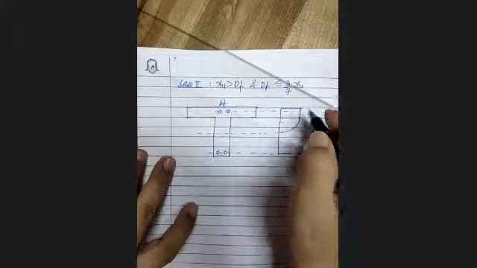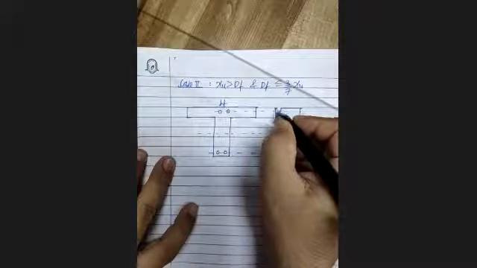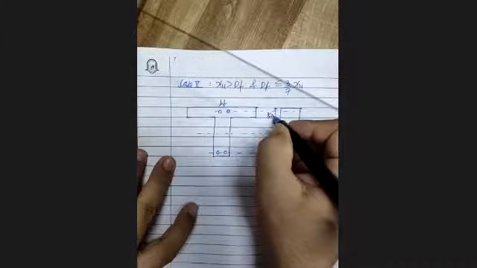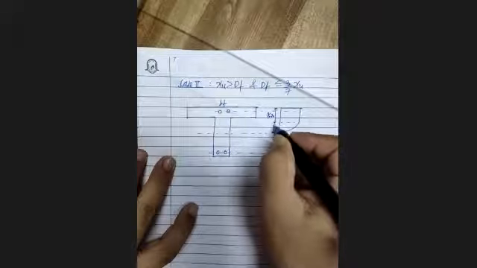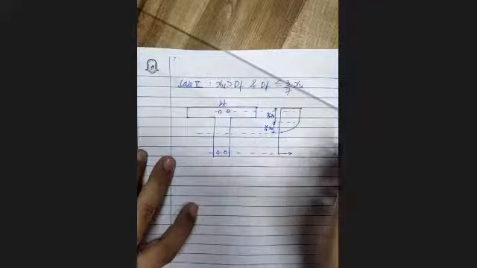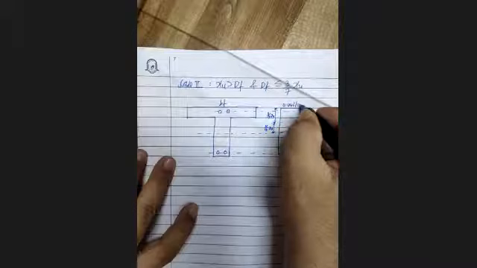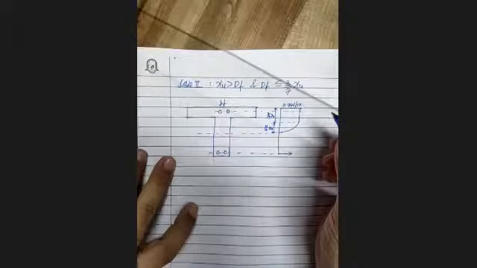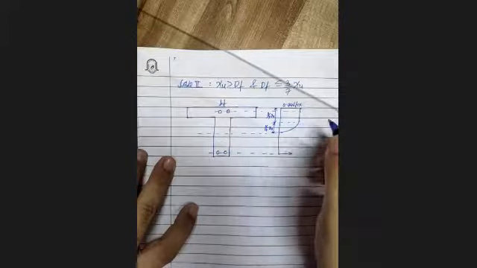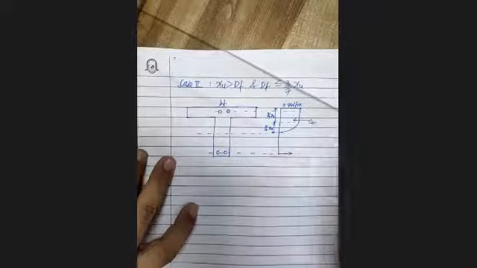So this rectangular portion is 3/7 Xu, and below this it is 4/7 Xu. Okay, so this is 0.446 fck. And now the first thing is Cu1 will remain as it is at the beginning.